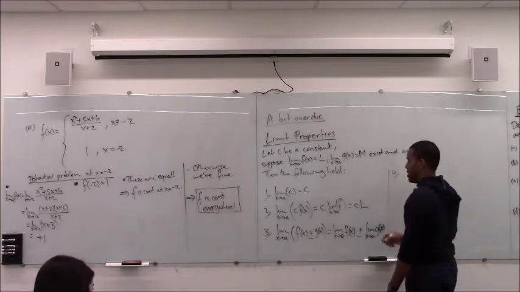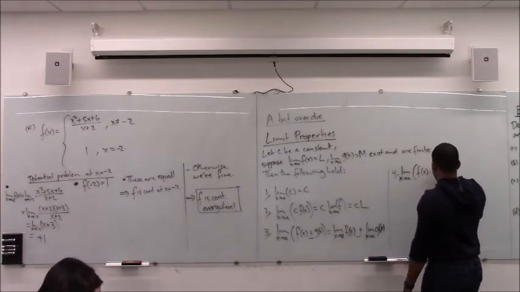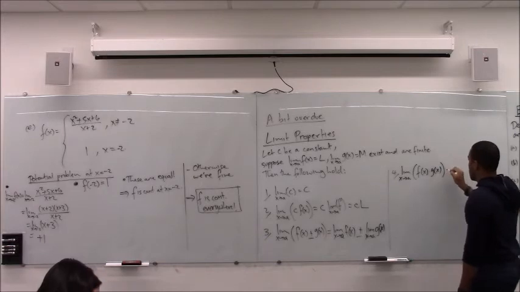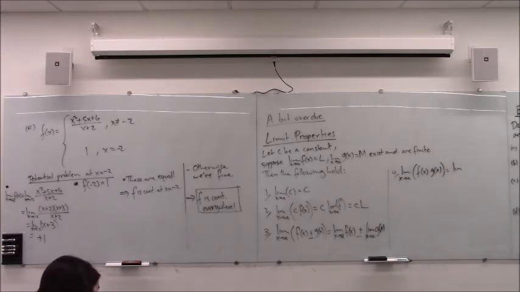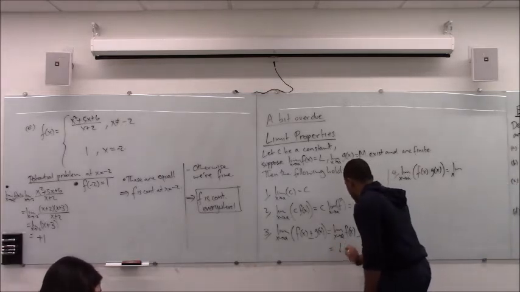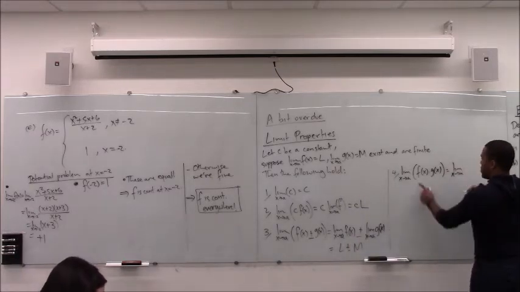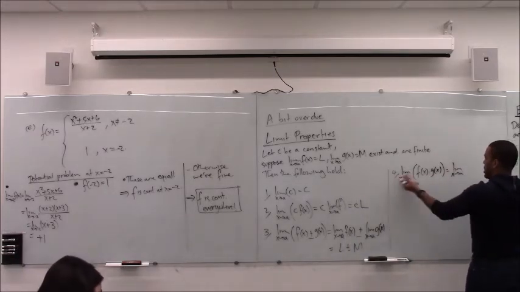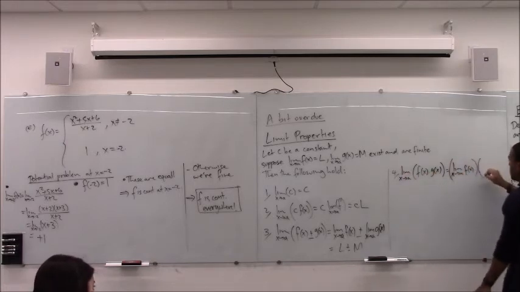Now here's something quite strange. Limits will distribute across products as well. So this will be your L plus or minus M. Now if you have two functions multiplying each other and you take the limit of that, you can take the limits individually and multiply the answers together.